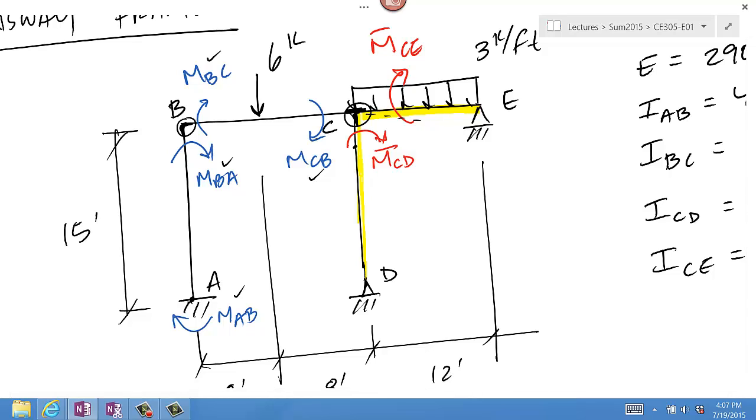That means they show up as clockwise moments on the free body diagrams of the members, and as counterclockwise moments on the joints. So you can just take this image and represent the moments as equal and opposite on each of the joints. I'm going to start with joint B and then proceed to joint C. Joint B is going to have 2 moments acting counterclockwise, and joint C is going to have 3 moments acting counterclockwise.